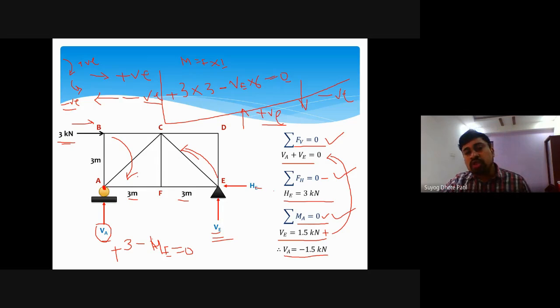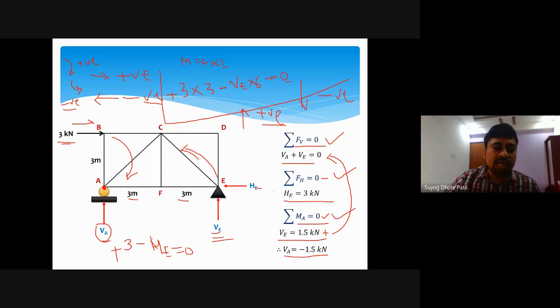For which joint can we go? That we don't know. But we think about one basic criterion: if I have to analyze a truss by the method of joints, I have to choose such a joint where only two basic unknowns are available. Not more than two basic unknowns are available.